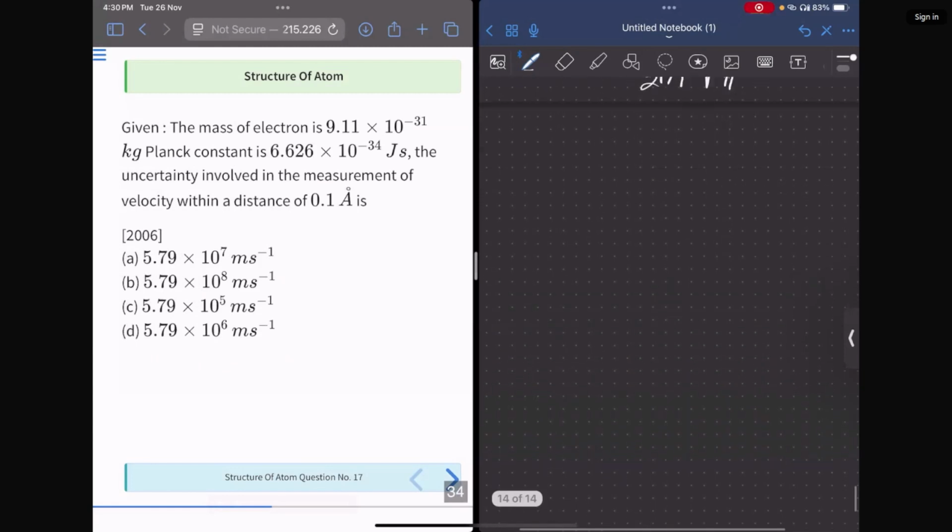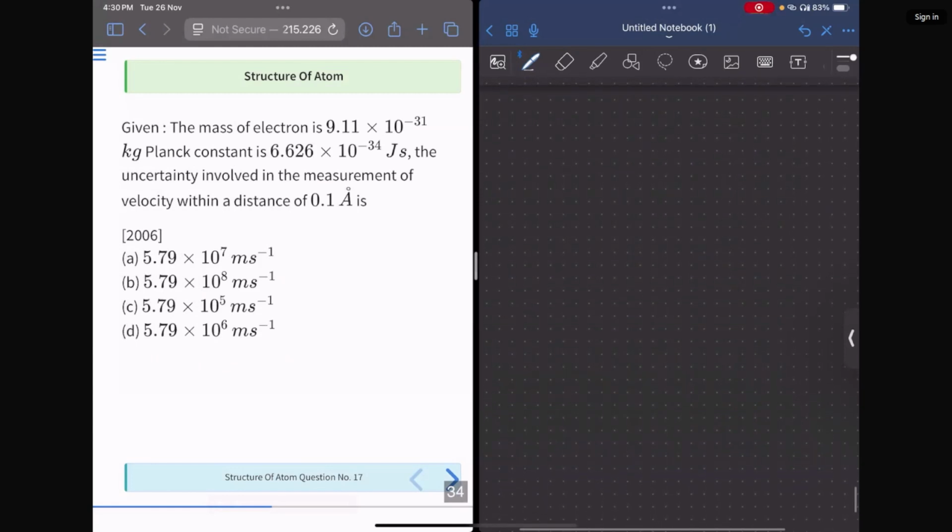The last question of this session. The mass of an electron is 9.11 into 10 to the minus 31 kg. Planck constant is 6.62. The uncertainty involved in the measurement of velocity within a distance of 0.1 angstrom is. So, what are the given components? Del x is given 0.1 angstrom, that is 1 into 10 to the minus 11 meter.